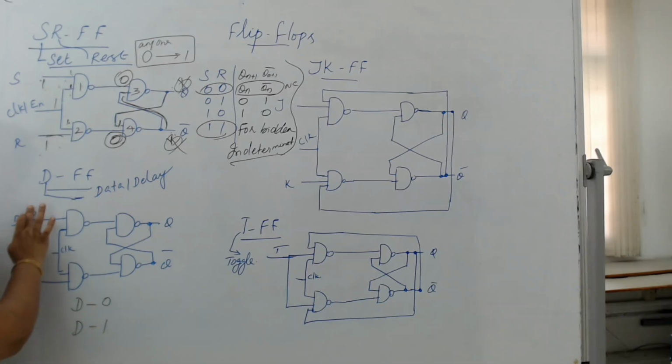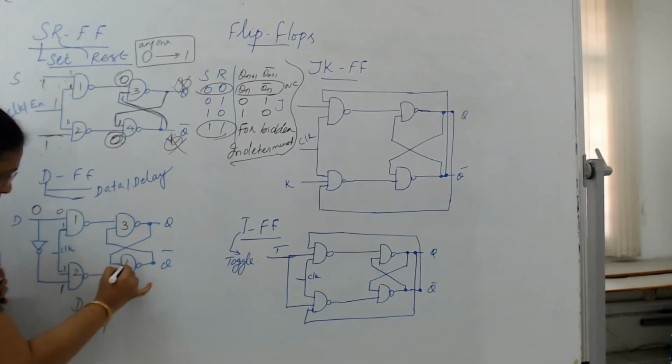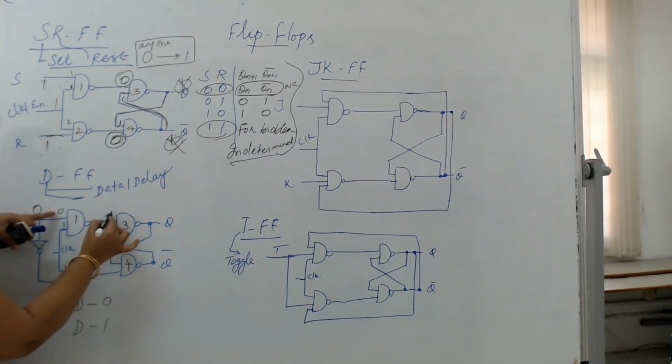Now, if D is equal to 0, so that input will be 1. The clock we are giving as 1 here. Assuming the numbering of the NAND gates, here it is 1, here 2, third NAND gate and fourth NAND gate. So here, if one input of NAND gate 1 is 0, the output of NAND gate 1 is 1 here.